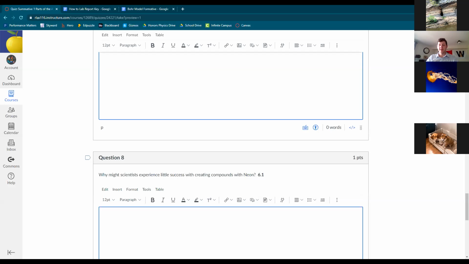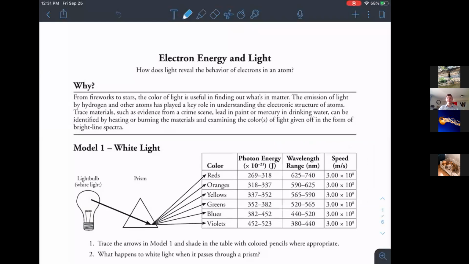The last thing I want to do is go through just the first page of our assignment for today. So today you have a 3-page assignment, and I just want to go through the first page with you guys. So if you guys can open up Canvas and go to the electron excitation POGL.